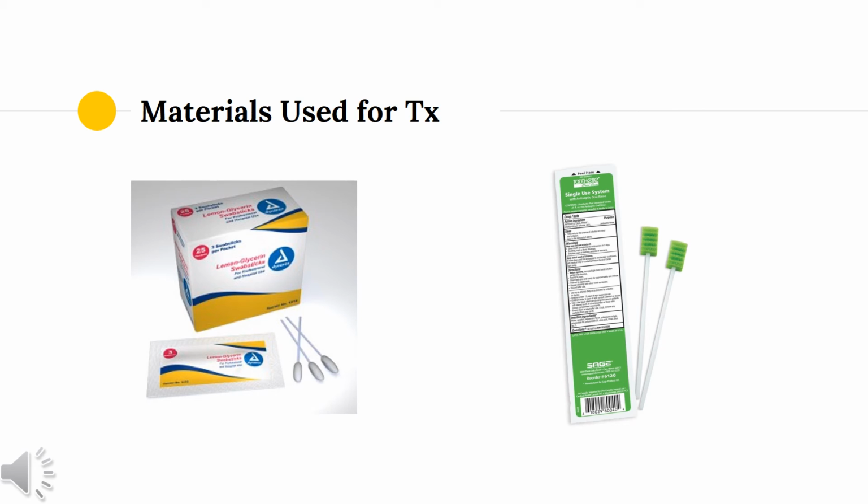All right, so I'm going to go ahead and demonstrate some of these materials so you can have a better understanding of how they look and how they're used generally. But they're pretty versatile. I just remembered, you can also use the lemon glycerin swabs when you're doing oral motor and you want to provide thermal gustatory or tactile stimulation.